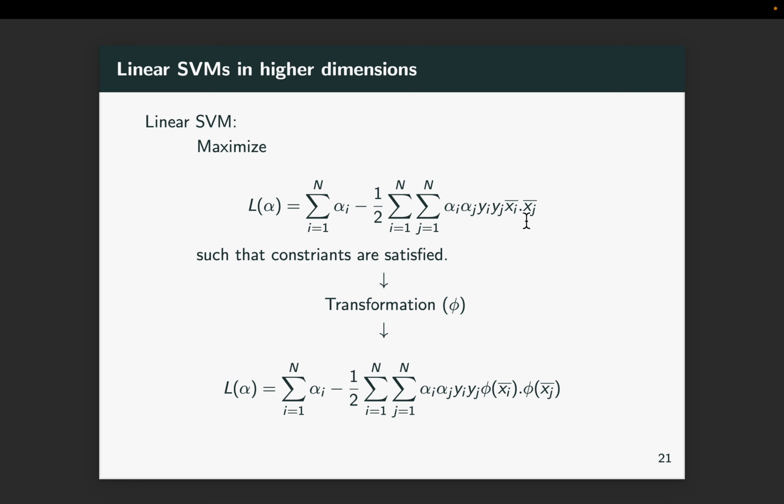If we have to transform the data to a high dimensional space, we replace all the xi dot xj's with: first you transform xi to phi of xi and xj to phi of xj, and then you do the dot product of the newly obtained projected vectors. So you have the original vectors in some R^D space, you transform those into some high dimensional space, and then you do the dot products in the high dimensional space. Everything else remains the same.